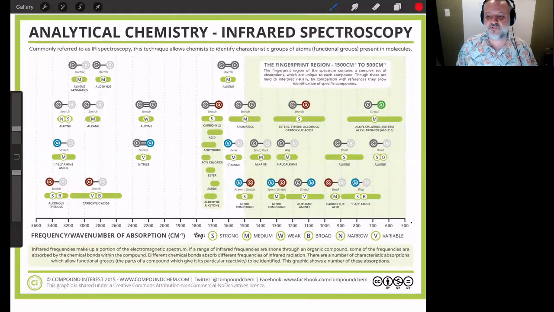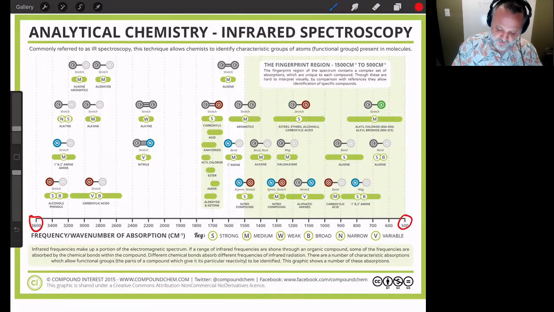So here's an awesome version of a list of different IR signals as they appear on the spectrum. Again, at the bottom of the graph, you'll have the wave numbers in reciprocal centimeters, starting with something in the 500s all the way up to something around 3,600.